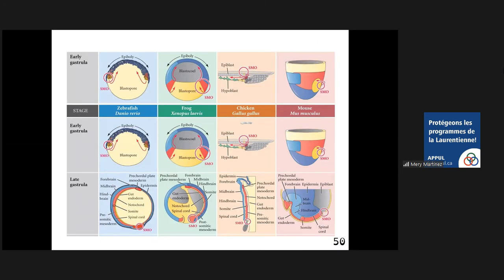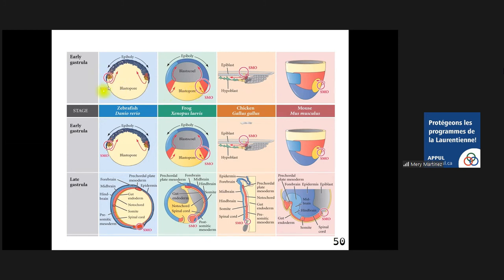Now, as gastrulation begins, each of the groups has cells that are equivalent to the organizer, what we call the Spemann-Mangold organizer, and that is the little red circle.